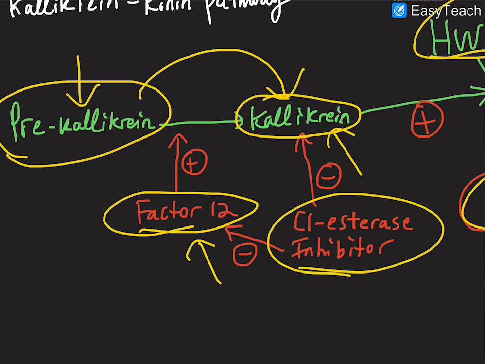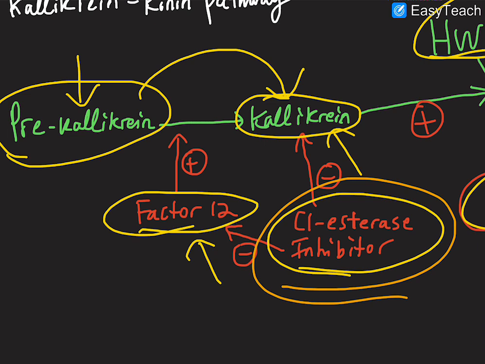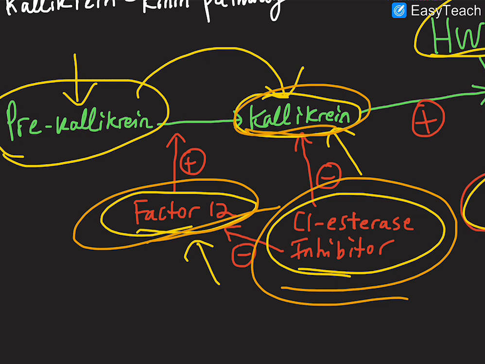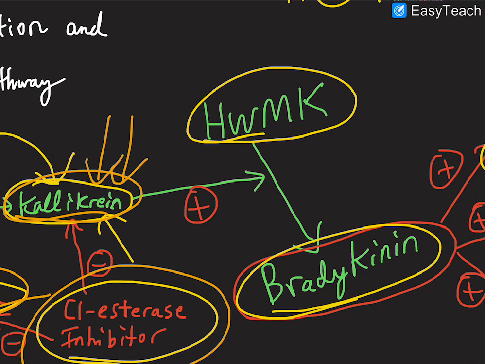Before we talk about the clinical findings, you can imagine that if you're deficient in C1 esterase inhibitor, then you can no longer inhibit kallikrein and you can't inhibit factor 12. If you can't inhibit factor 12, then a lot of kallikrein will be produced, because you don't have C1 esterase inhibitor to keep this pathway in check anymore. If you're producing a lot of kallikrein, you're going to produce a lot of bradykinin.